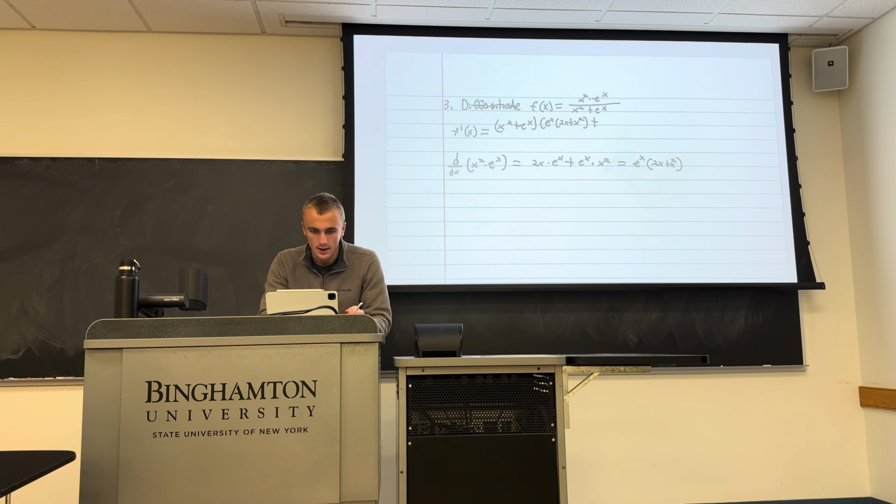Okay. Now the next part is going to be the top, so that should be minus there. The top term is x squared times e to the x, and now times the derivative of the bottom term. So we're going to take the derivative of x squared plus e to the x, which is just 2x plus e to the x.